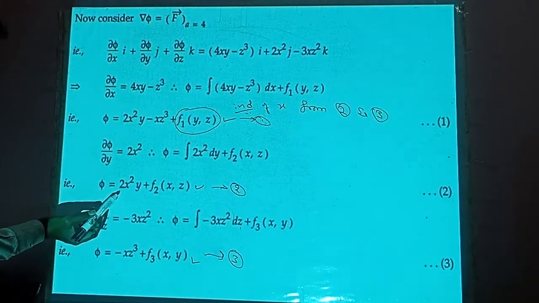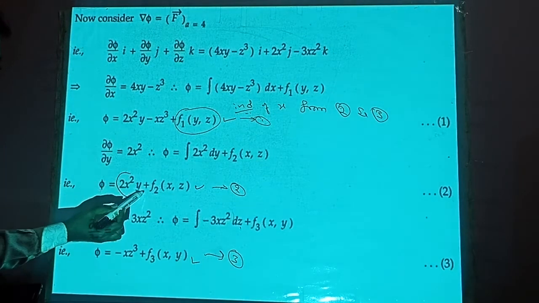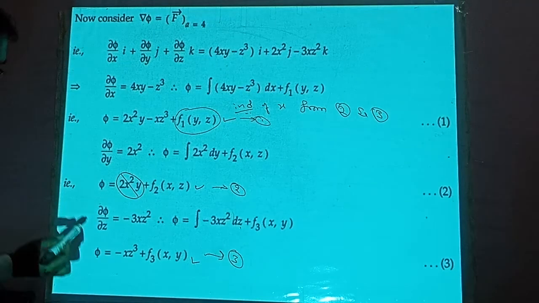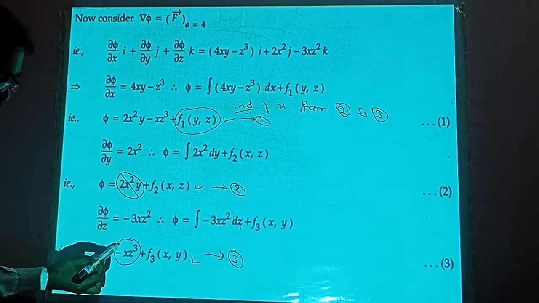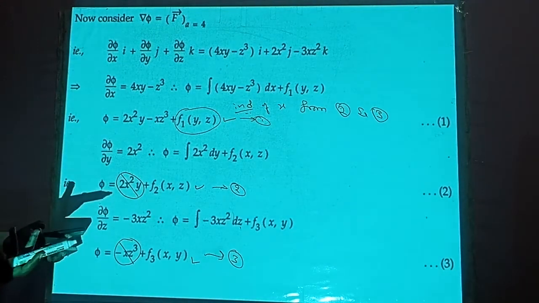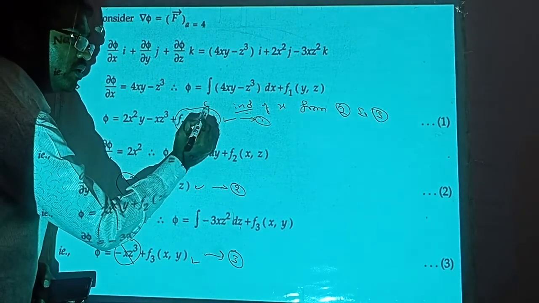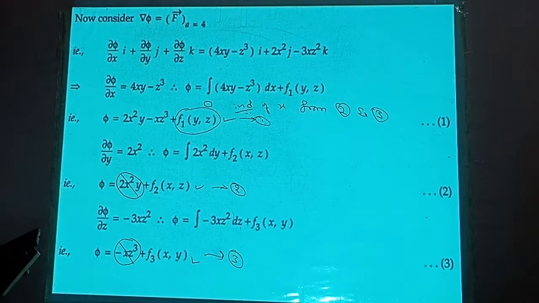Here it is depending on x, so we cannot take. This term is also depending on x, we cannot take. So there is no term we can choose. So the only thing is we need to choose 0 for f1.